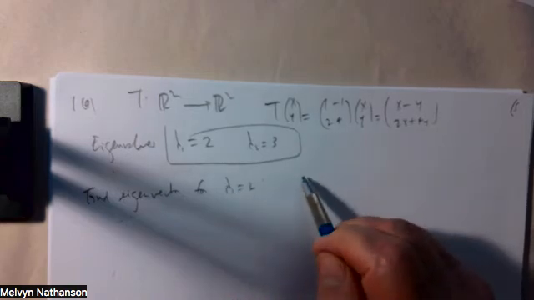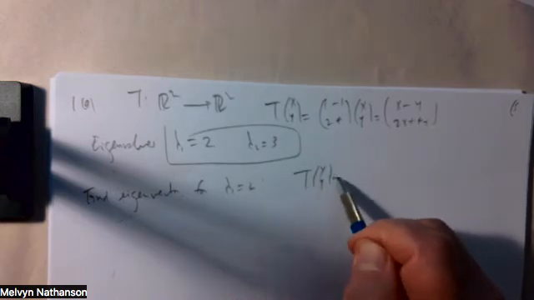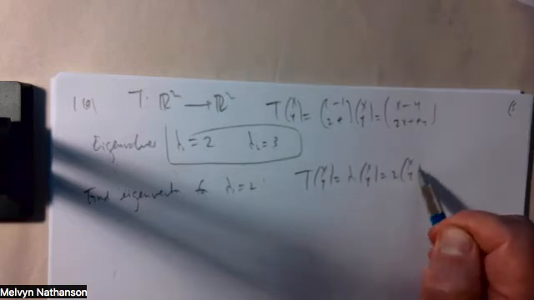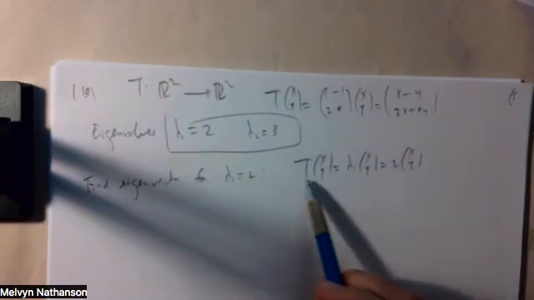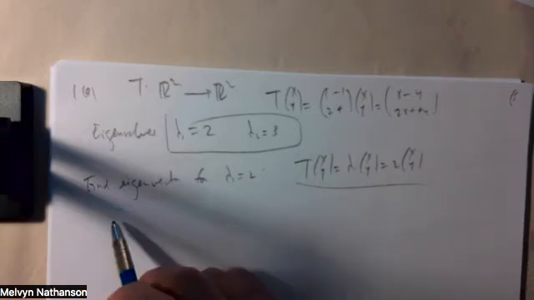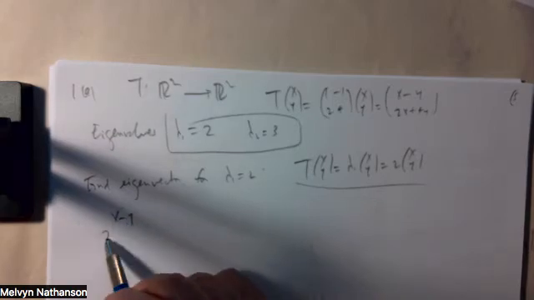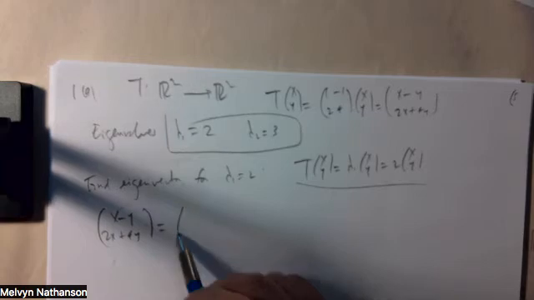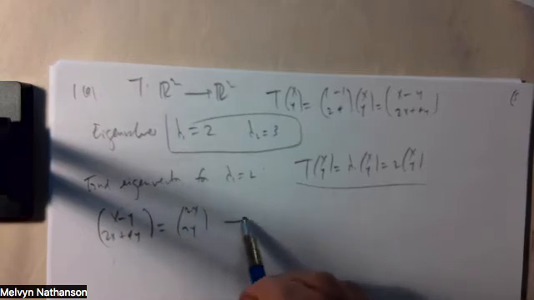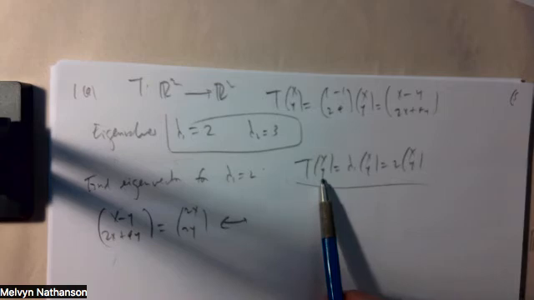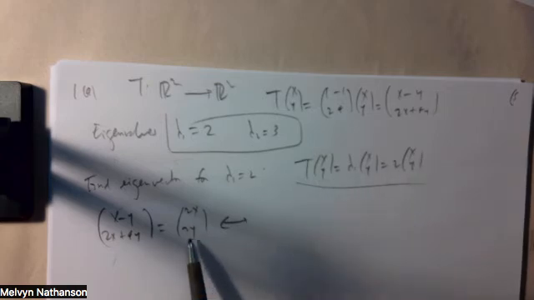This means a vector such that T of xy is lambda 1 xy, or 2 xy. We want to find a vector that satisfies this equation. Of course, T of xy is x minus y, 2x plus 4y, and we want that to be equal to 2x, 2y.